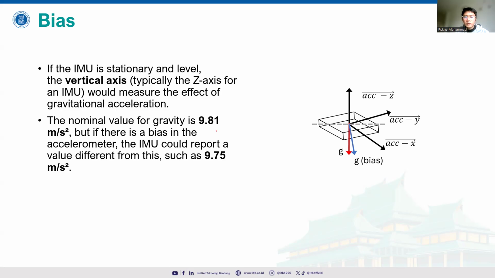The nominal value, for example, is 9.81. But if there's bias, like shown here with the blue line pointing downwards, the IMU could report, for example, 9.75 meters per second squared, which is, of course, a problem when we are going to use this for our measurement, right?